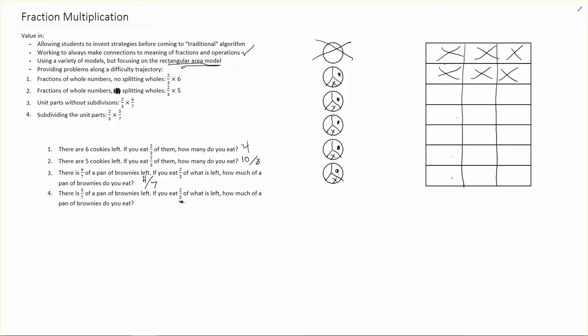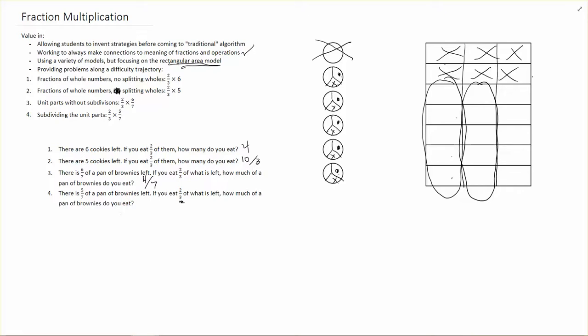Kind of like I took these cookies and split them into thirds. I've now taken the 7ths and split them into thirds. And I eat 2/3, so here's 1/3, and here's 2/3 of what was left. How much of a whole pan of brownies did I eat?